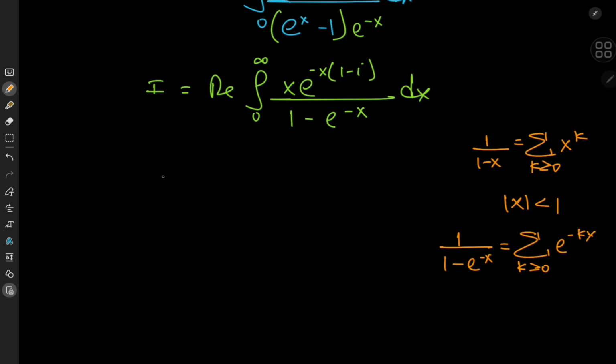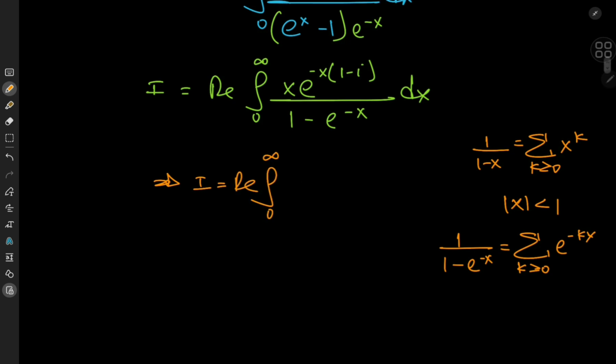And all of this implies that my target integral I is the real part of the integral from 0 to infinity of x times e^(-x) times e^(ix) times the sum over k of e^(-kx), with integration with respect to x.